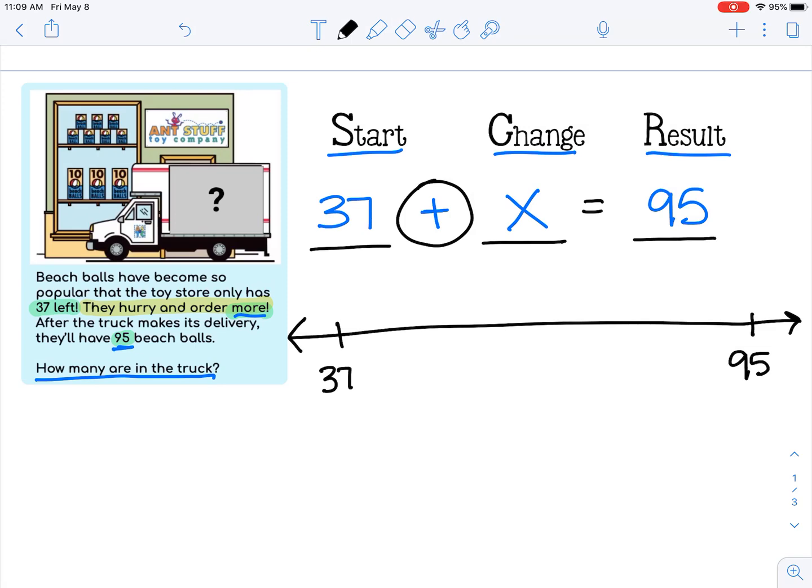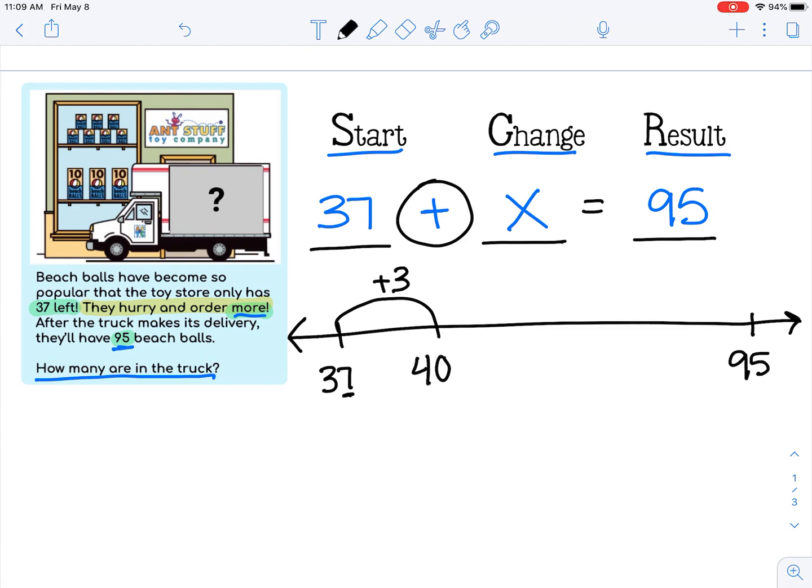And that will help me figure out my X. That will help me figure out how much I need to add on to 37 in order to get to 95. So using strategies, I see there's a 7 right here in 37, and I know how to make tens. So I'm going to first add a 3 to get to a friendly 10, which puts me at 40.